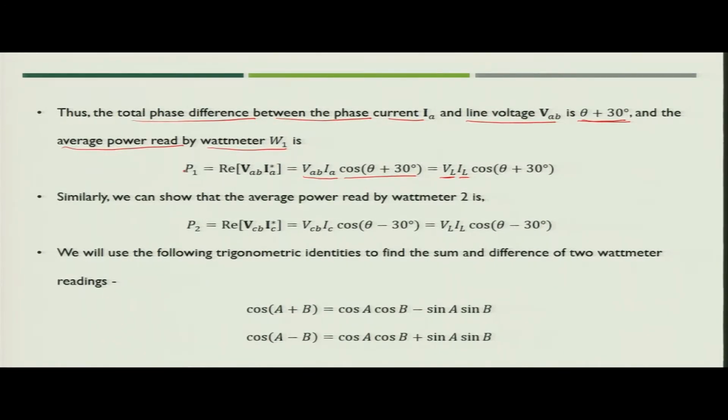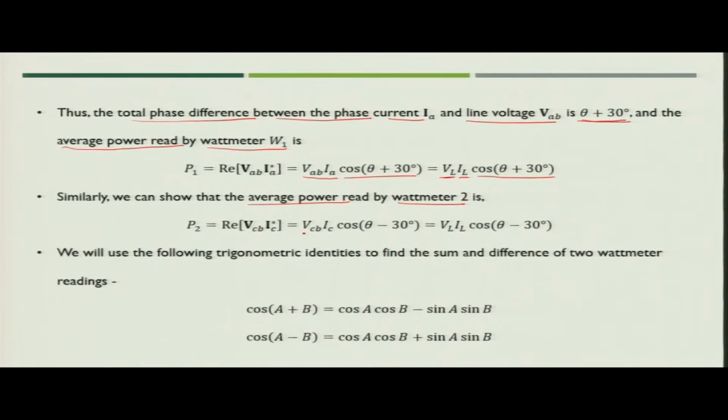So, P1, the reading you will get from wattmeter W1, will be VL IL cos(theta plus 30 degrees). Similarly, for the reading of the second wattmeter, the value of P2 can be written as the real part of VCB into IC conjugate.